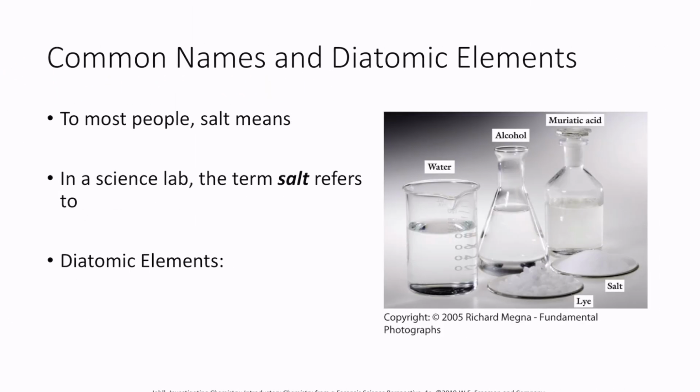All right. The last thing we're going to talk about in this video are diatomic elements. So, to most people, salt means just really just table salt. Now, to a chemist in a science lab, the term salt refers to any ionic compound. So, table salt is NaCl.